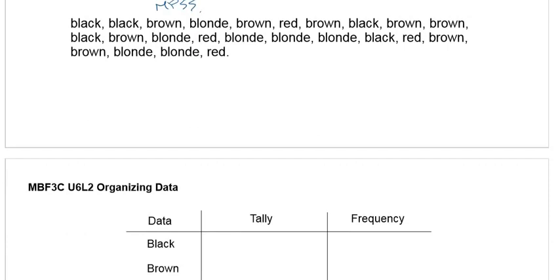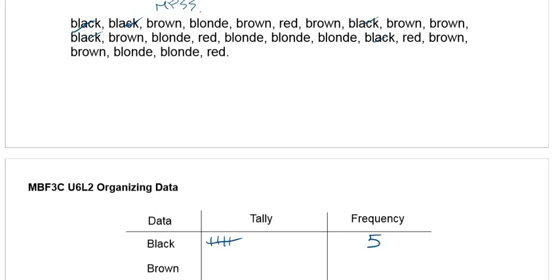Let's start by counting up the black-haired people. We did one of these tallies in the last lesson, so hopefully this should be pretty straightforward. 1, 2, 3, 4, 5. Yep, there's 5, and we have a frequency of 5.